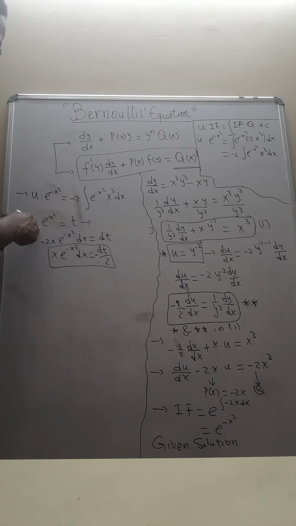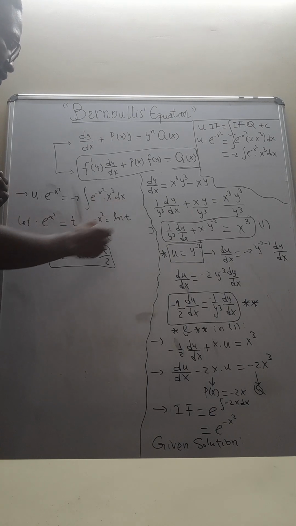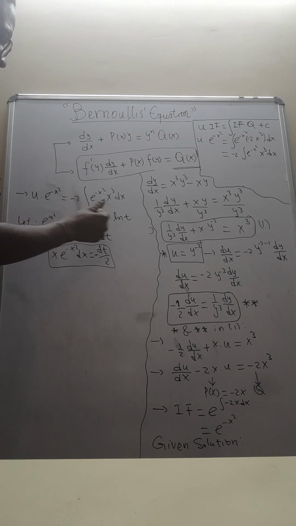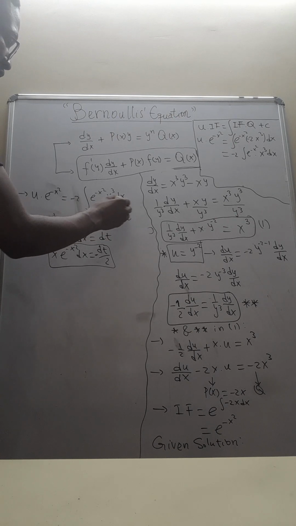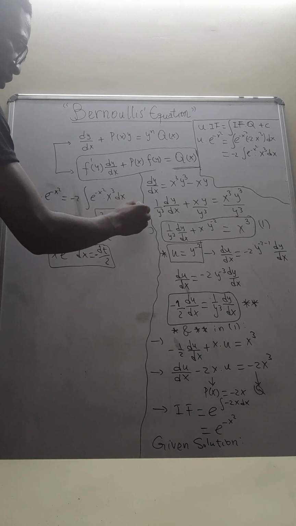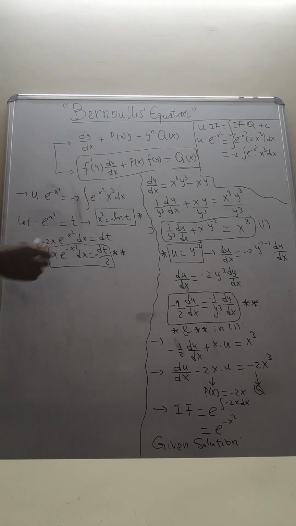If I apply ln on both sides, I get minus x squared equals ln of t. This means x squared will be equal to minus ln t.